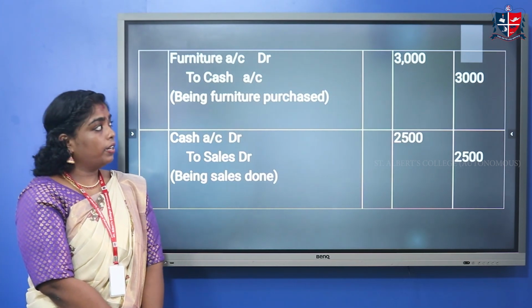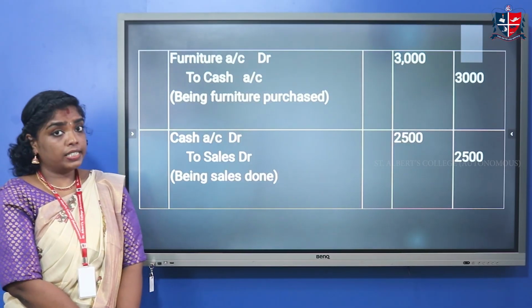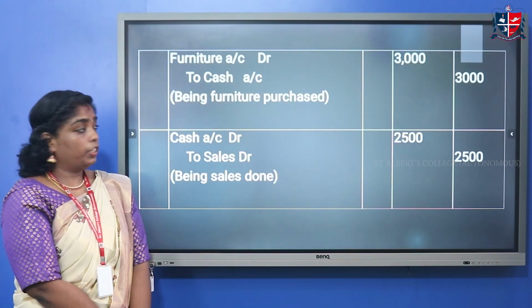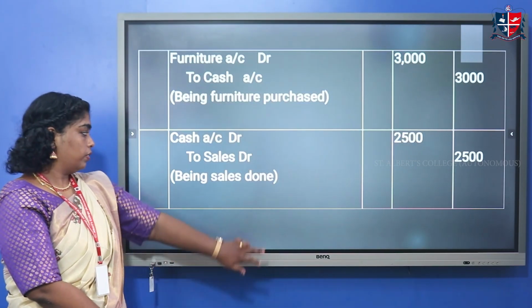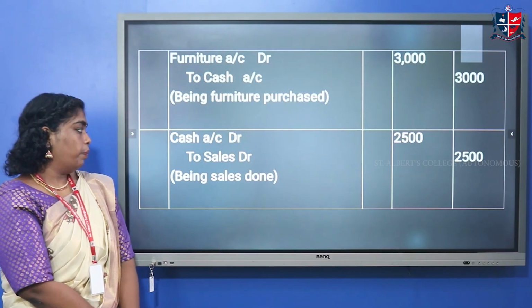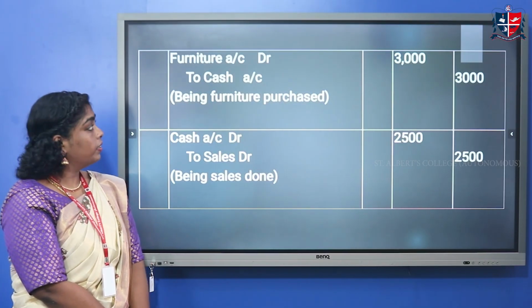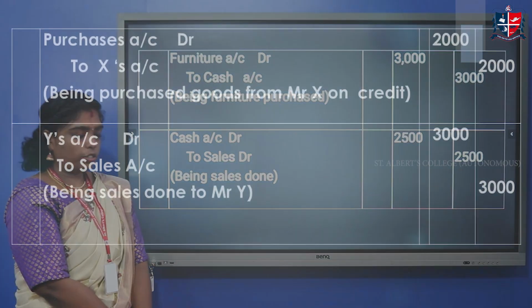And the amounts are 3,000 each. Next one is cash sales are done. So cash account debtor to sales account, rupees 2,500 each. Narration is being sales done. And for the previous transaction, the narration is being furniture purchased. Purchasing furniture, that's also right.